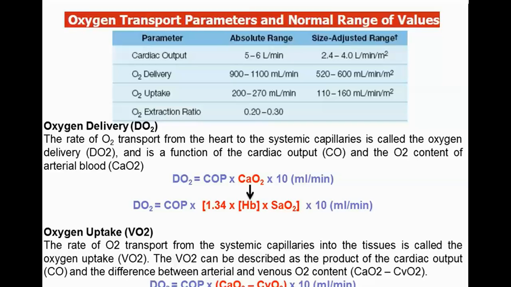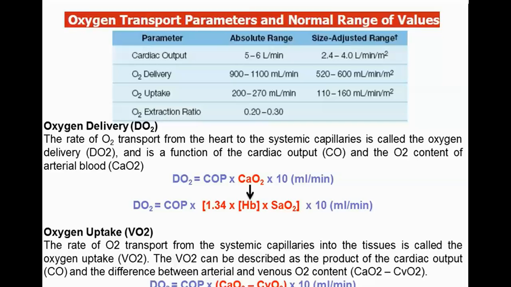The oxygen uptake is 250. Oxygen delivery, 1,000. So the ratio will be 25%. So the oxygen extraction ratio is 0.2 to 0.3.